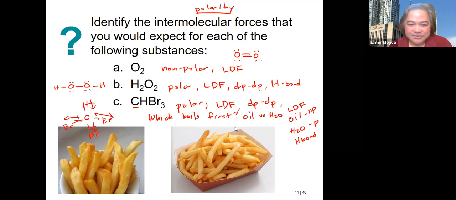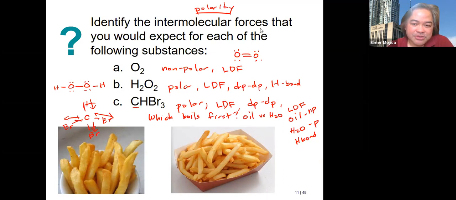So this is one way to explain that the H bond is not always strong. There will come a time that you're going to have a much stronger material that's just made up of LDF, if it's really what we call so big.